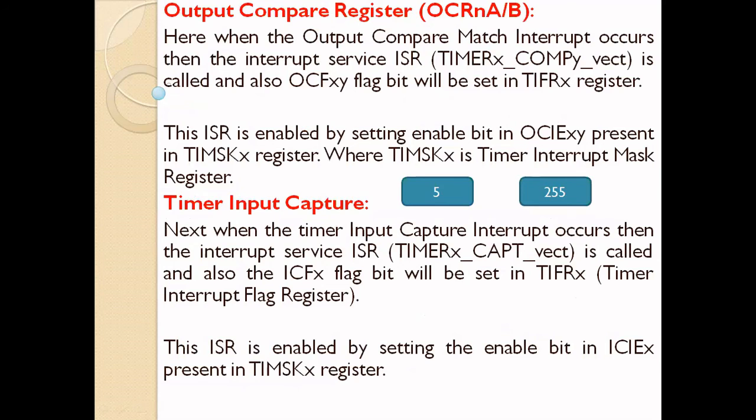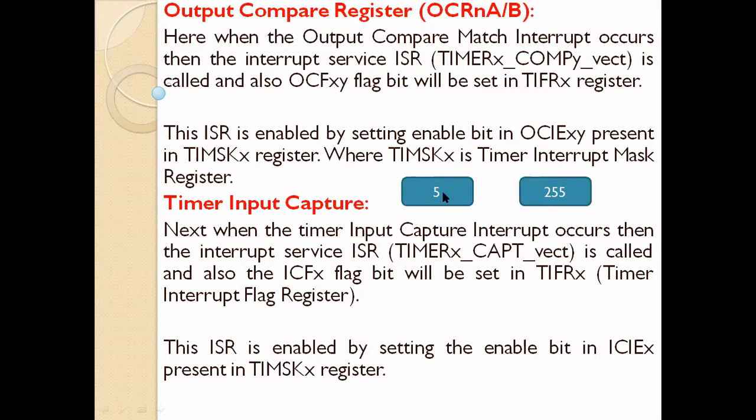Next, what is meant by output compare register? There are two registers available. This is one register and this is another register. This is the maximum value 255 and this is the delay value I am giving as 5. First I give one clock pulse, so it will increment to 6.